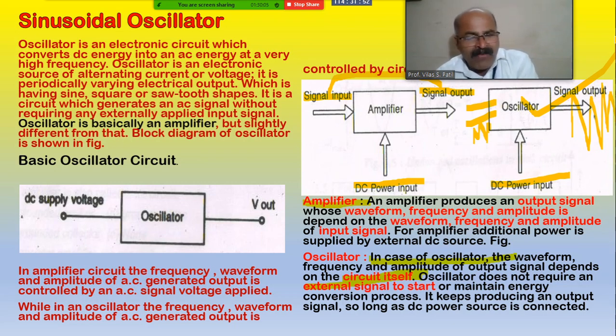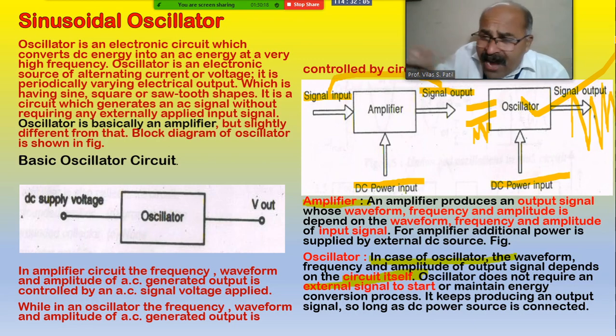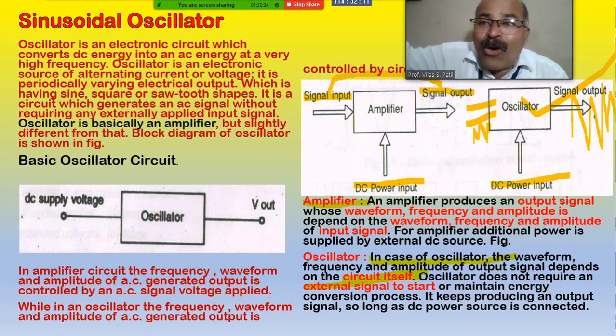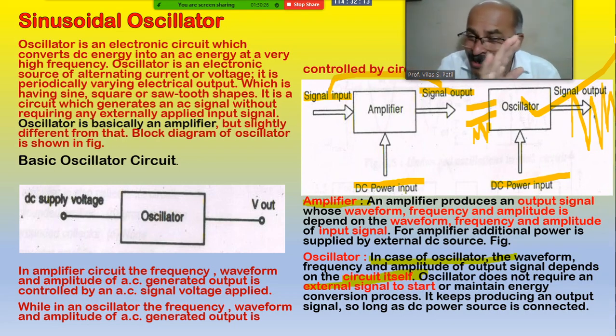the waveform, frequency and amplitude of the output signal depend on circuitry itself, and the oscillator does not require any external input signal to start the process, that is, making the variation at the output signal. There is no requirement of any AC signal.